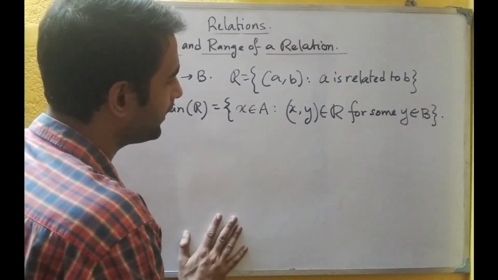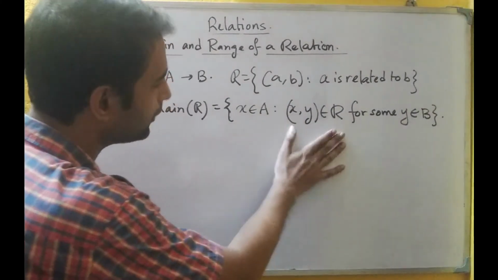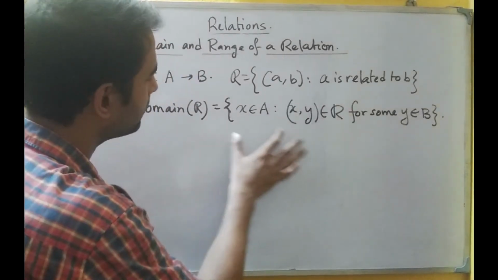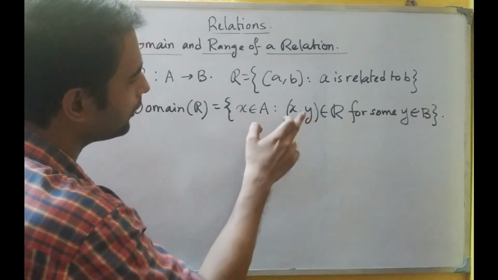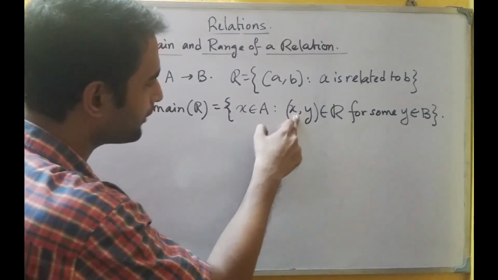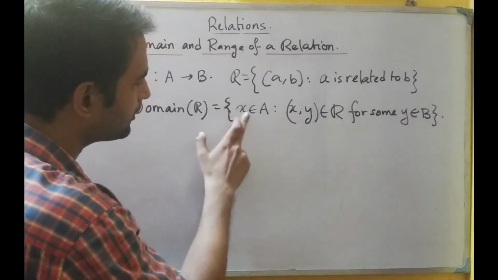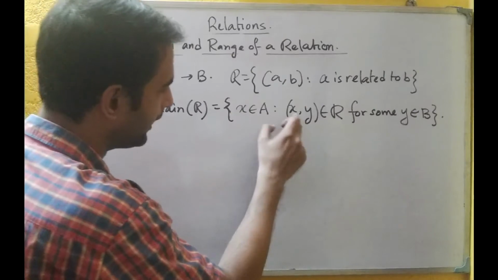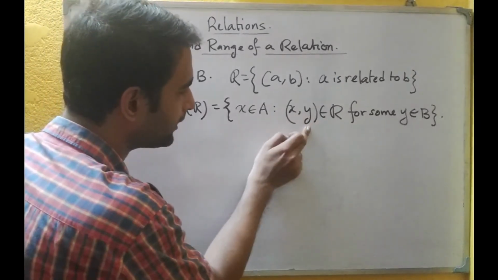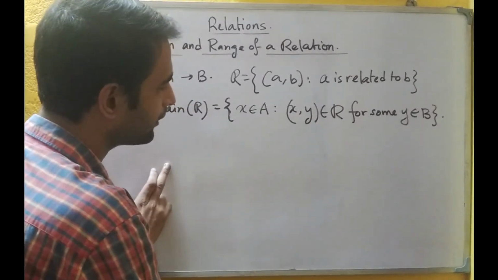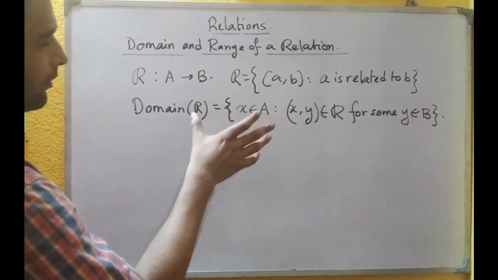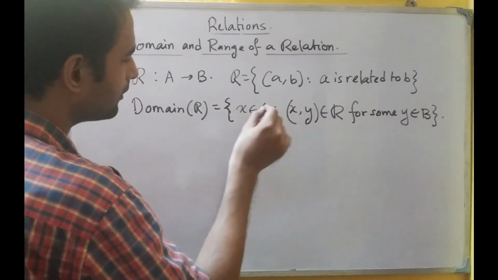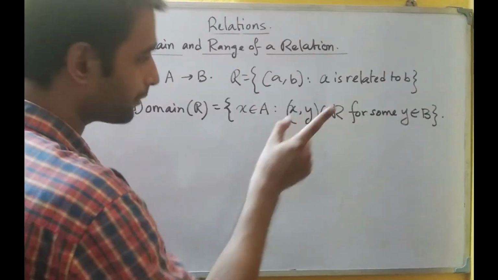For the domain you are taking all those first elements of these ordered pairs which are in R. That means all the X belongs to A such that X is related to some element Y in the set B. That means you are forming all the ordered pairs by this relation, and then you are taking only the first elements of those ordered pairs.